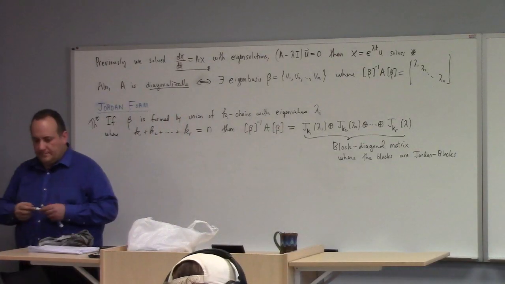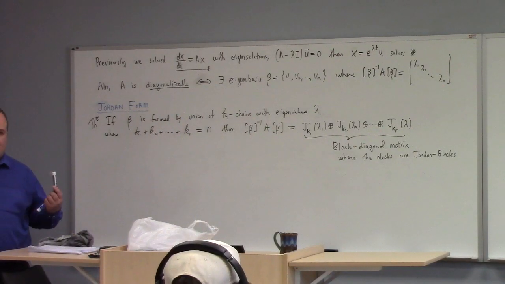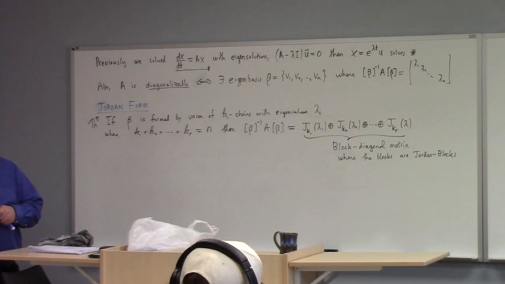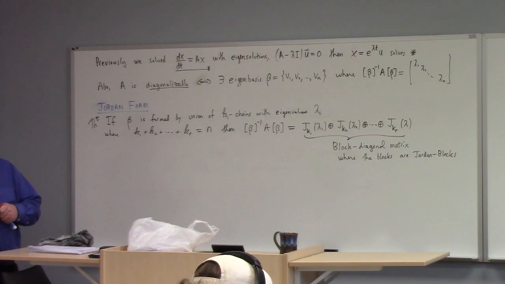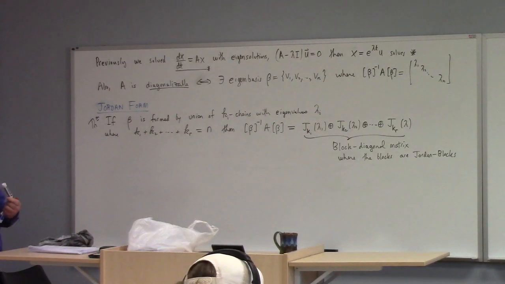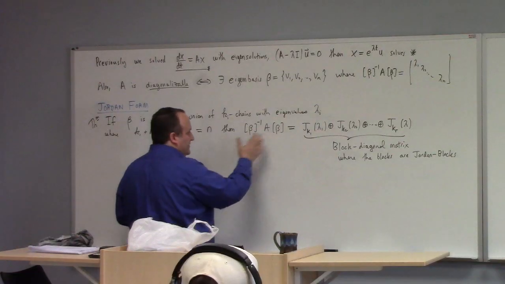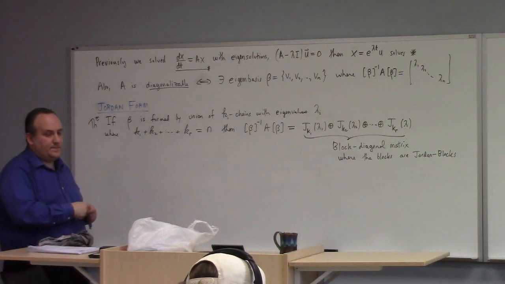And so that's basically a roadmap of how you'd find the Jordan form if your matrix wasn't already in Jordan form. If you can find a Jordan basis, the similarity transformation to that basis gives you the Jordan form.